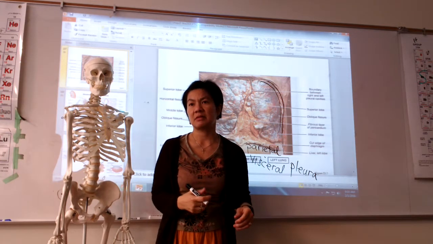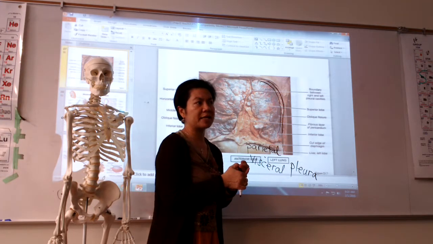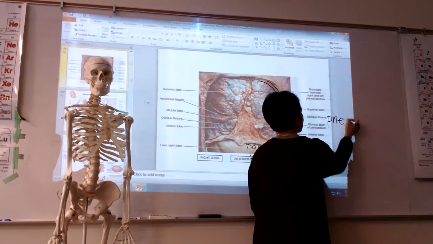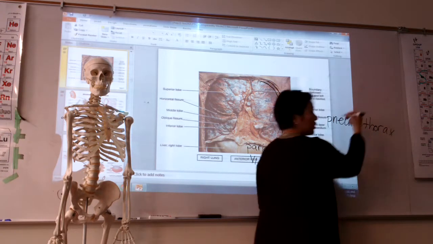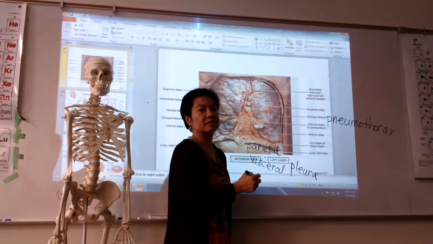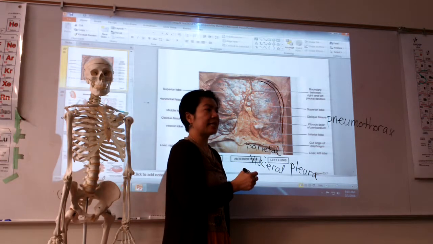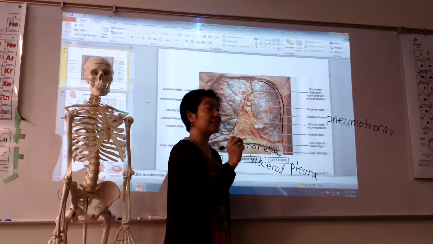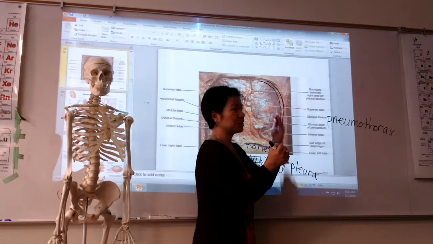You understand? There are a few problems that can happen in your pleura. I'm sure you've heard of pneumothorax. Air in the lungs, like maybe stab victims. Don't they say if you have a stab victim patient, you never pull out the knife, right? You don't want to pull out the knife because you're going to introduce negative pressure and air just goes in.